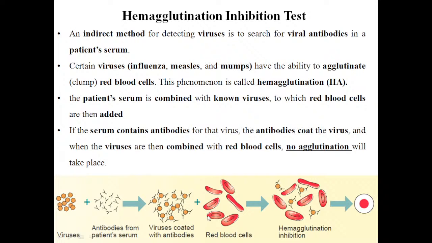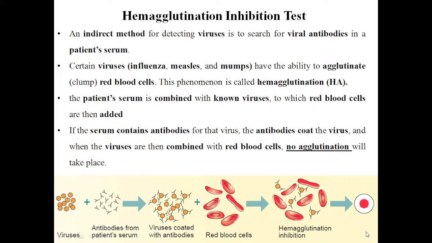We add red blood cells, any human red blood cells, and red blood cells are not bound to viruses because all viruses are busy with antibodies. Hemagglutination inhibition, so absence of agglutination of red blood cells means positive result. It means that these are antibodies against influenza virus.